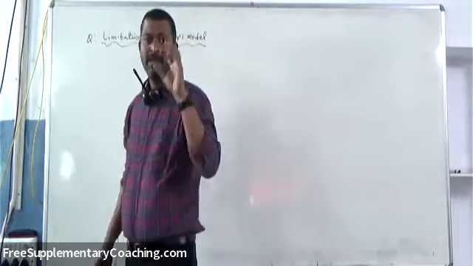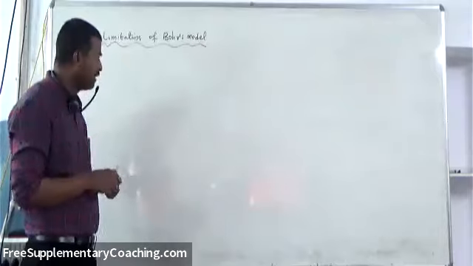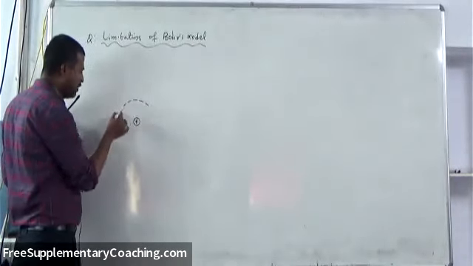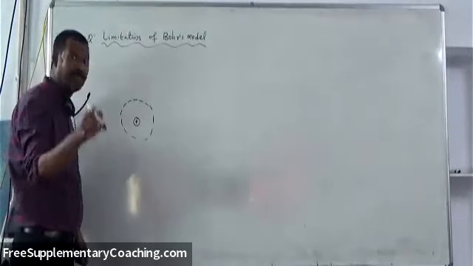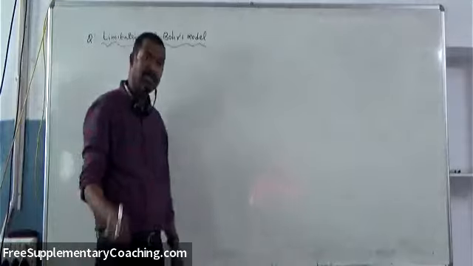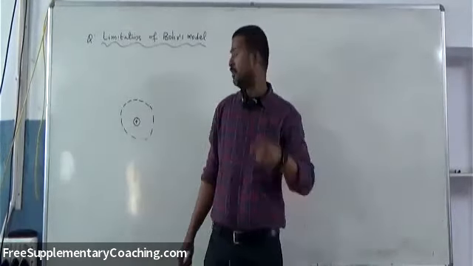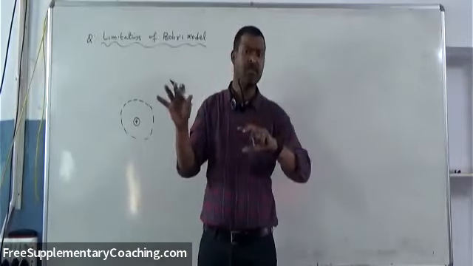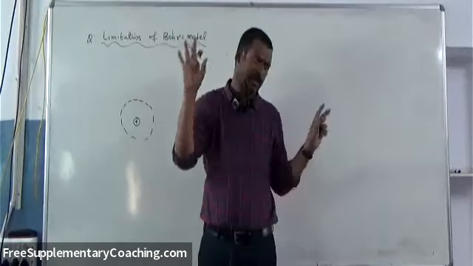First of all, he said the electron revolves around the nucleus, correct? This is the nucleus, positive charge. Around that the electron is revolving, and he assumed that its orbit is a circle. So why is it a circle only? No reason is given. He assumed that the electron revolves around the nucleus in a circular orbit, that's it.